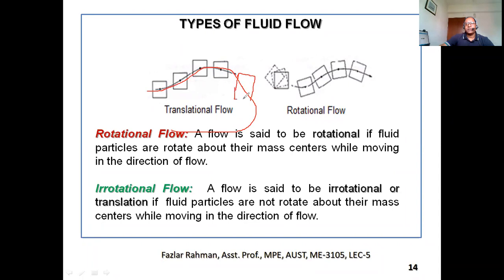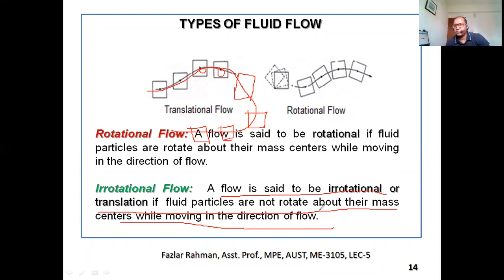That means its shape remains vertical, right? And it is not changing. It is not making any rotation. Overall path is making rotation, but it is not rotating with respect to its own center of gravity. So this type of flow is called irrotational flow or translation. A flow is said to be irrotational or translational if fluid particles are not rotated about their mass center while moving in the direction of flow.